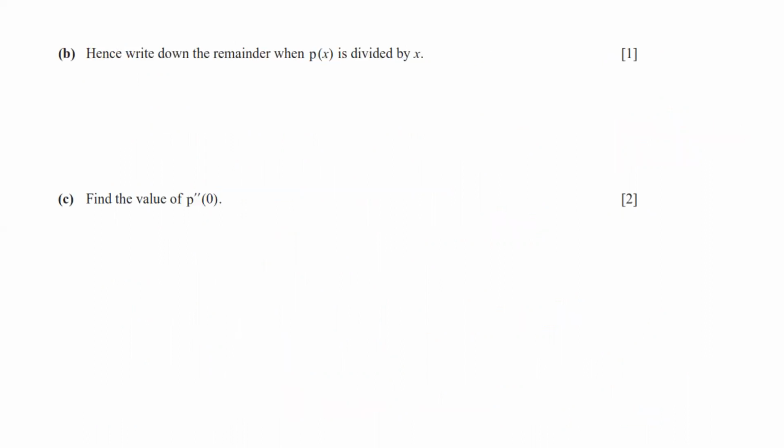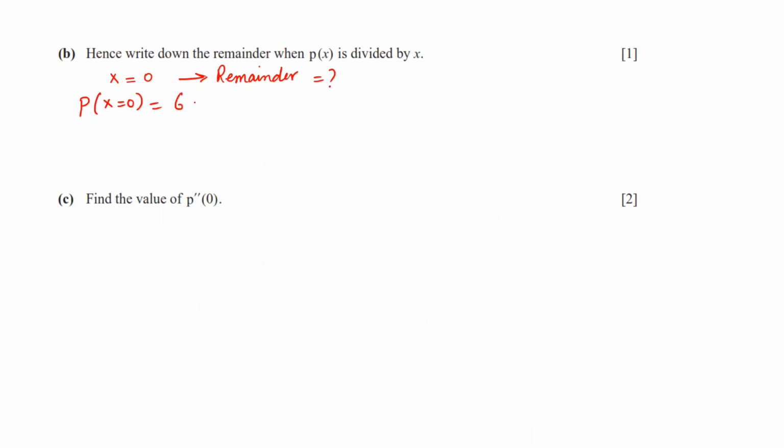Next part, it says, hence write down the remainder when p of x is divided by x. So remember, when divided by x, it means x equals 0, and we have to find out the remainder. So for p of x, put x equal to 0.